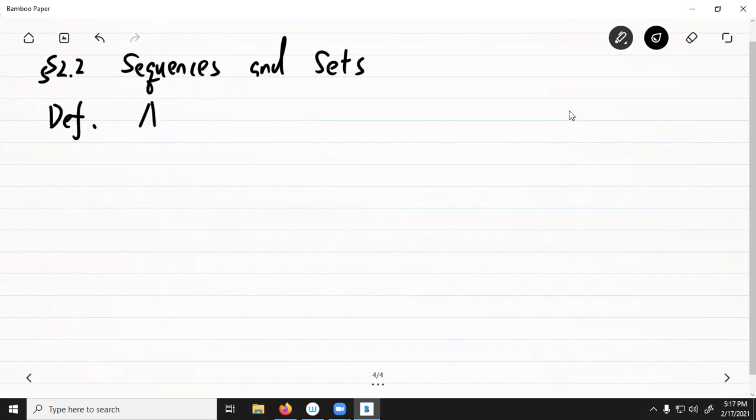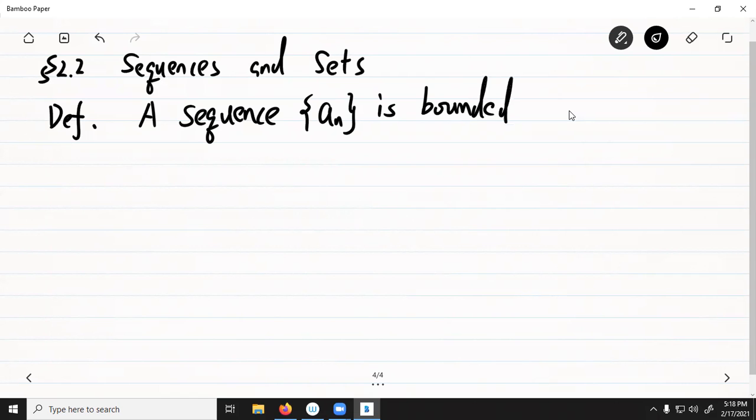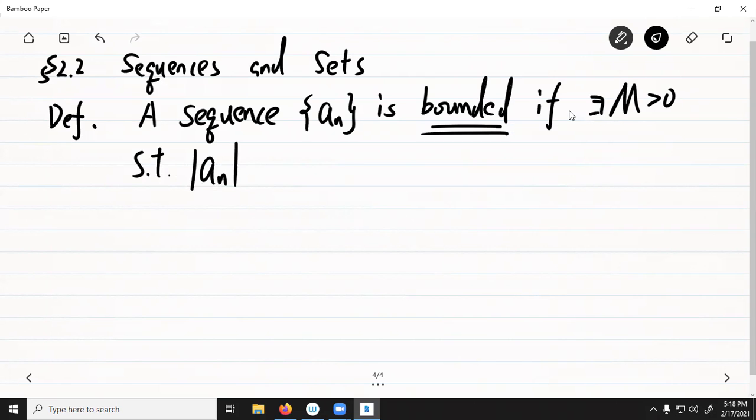So we say sequence AN is bounded if there exists a number m which is greater than 0, such that this AN, take the absolute value, is always less than or equal to this m.